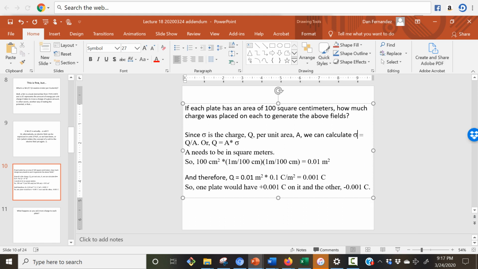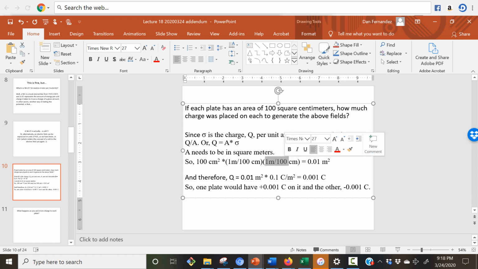Sigma, which is the charge density, is equal to the charge, total amount of charge on one of the plates, divided by the area of that plate. So I convert the area, which is 100 square centimeters, to square meters. Don't forget you have to multiply twice by the conversion of a meter is equal to 100 centimeters. So I have two of those conversions here.